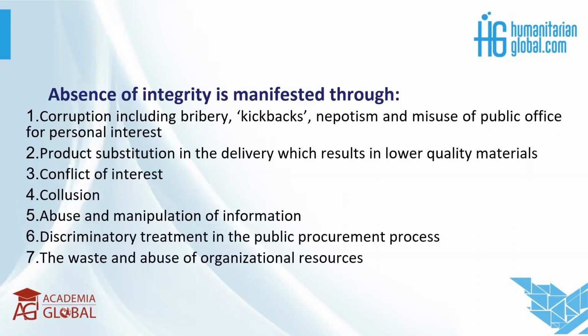Let's discuss areas in our workplace where absence of integrity might be manifested. The first one is corruption, including bribery and kickbacks, nepotism, and misuse of public office for personal interest.